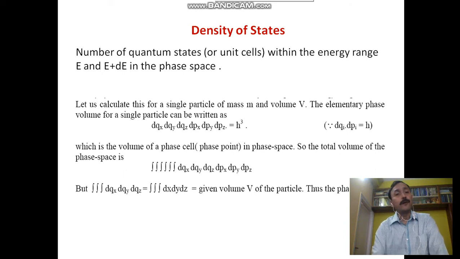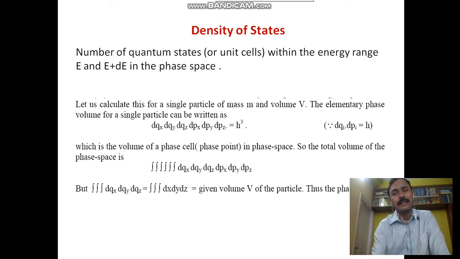The elementary phase volume for a single particle can be written as dqx, dqy, dqz, and the corresponding momentum dpx, dpy, dpz. Now from the Heisenberg uncertainty principle, we know that the uncertainty in position and momentum, delta x delta px, is equal to h.